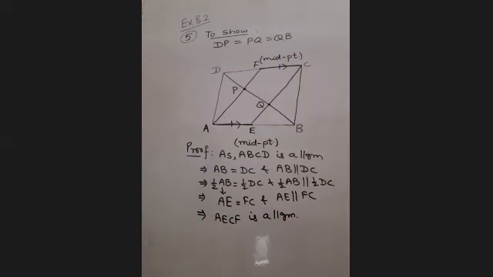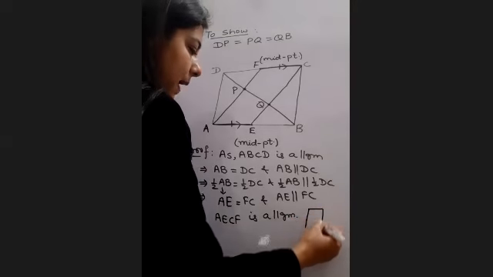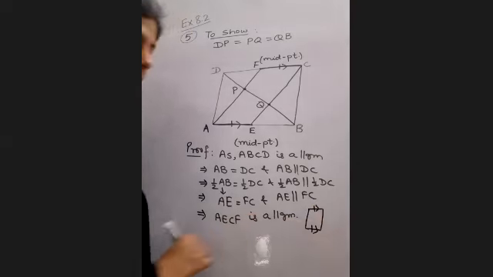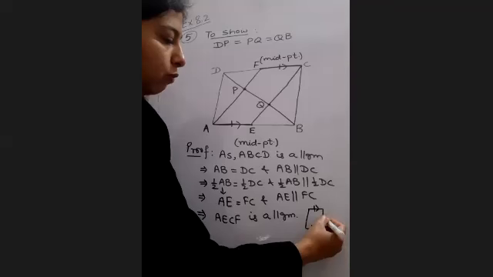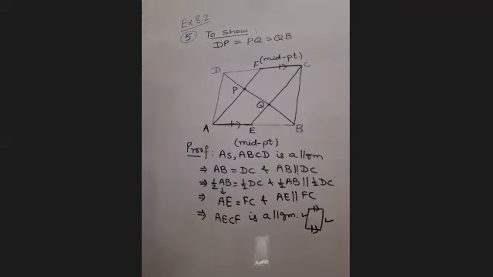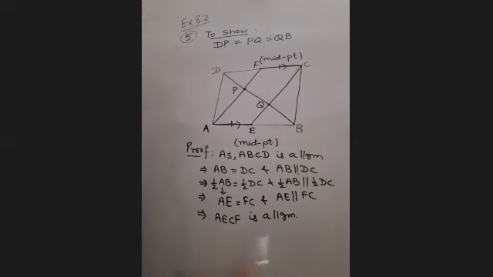Now children, keep in mind, we are showing that this quadrilateral is a parallelogram by using this pair equal as well as parallel. But after showing this to be a parallelogram, what can be said about the other pair? They are also equal and parallel. Very good. So that is what we are going to use.